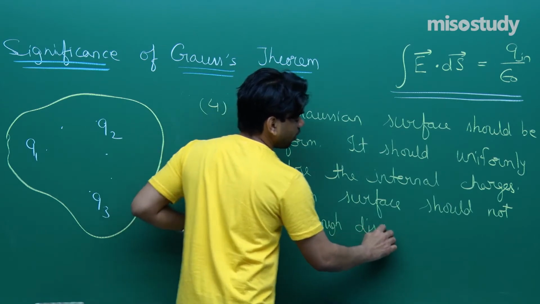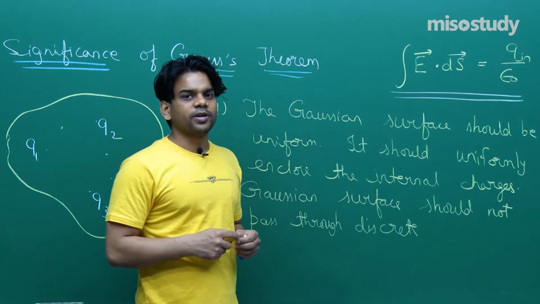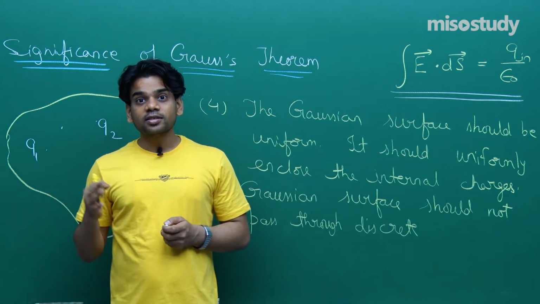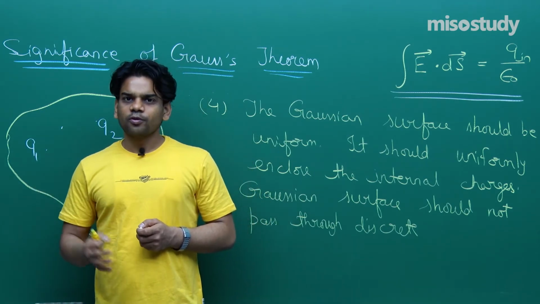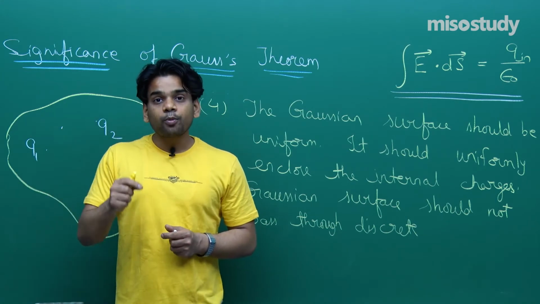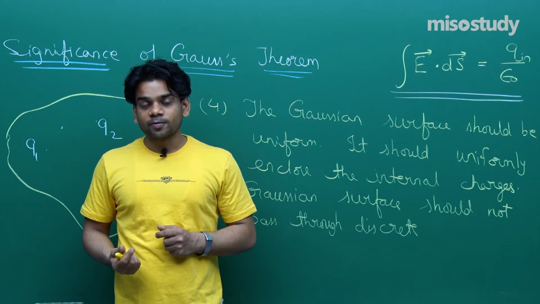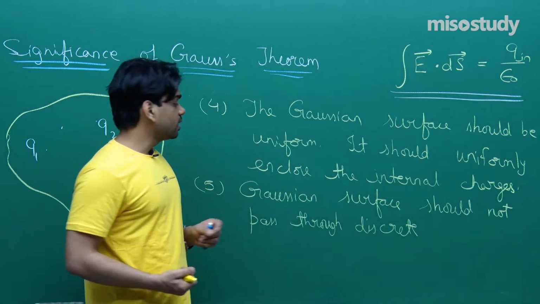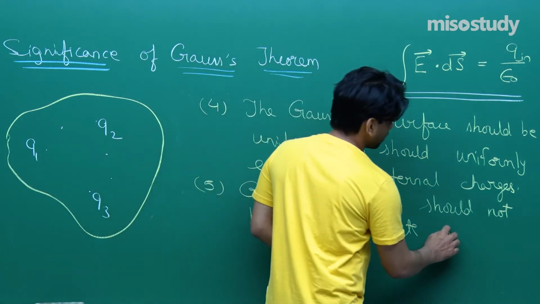You know why? Because when we define electric field, its value is given at some distance, and its dependence is inverse square on the distance measured from the point charge. But at the point charge, we cannot give the value of electric field, so we cannot draw the Gaussian surface passing through the discrete charge. So Gaussian surface should not pass through discrete charges.